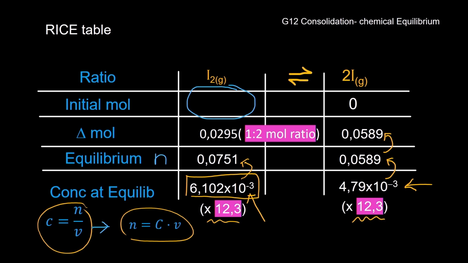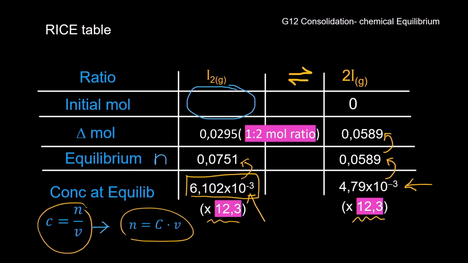How many moles of iodine molecules are used up? Well, we need to use our ratio. As we've said before, it is 1 to 2. And so if we take the number of moles that have been formed through equilibrium, we divide it by 2, and we can then get this answer using the ratio.